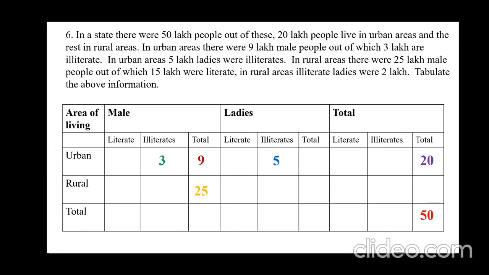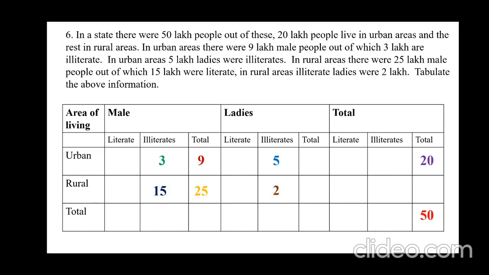Then people out of which 15 lakh were literate. In rural area, literate ladies were 2 lakhs. So read it one by one according to where it is placed. Check it out. Then the remaining we can find out.